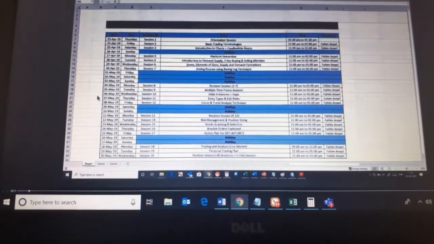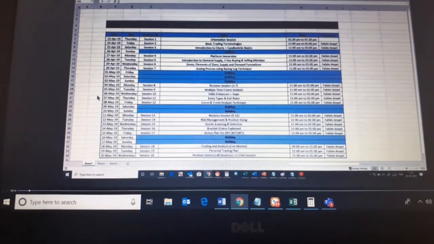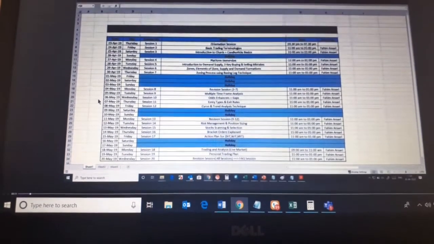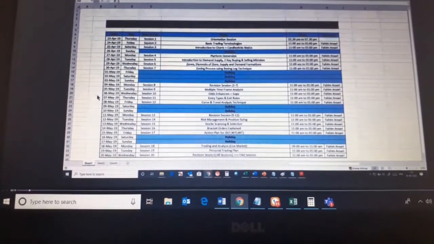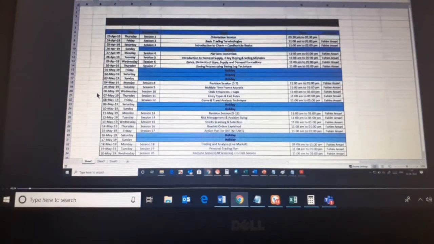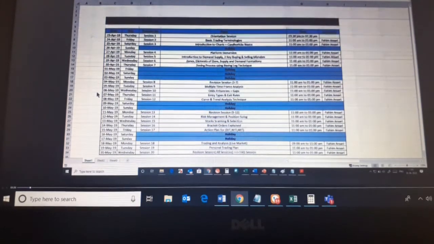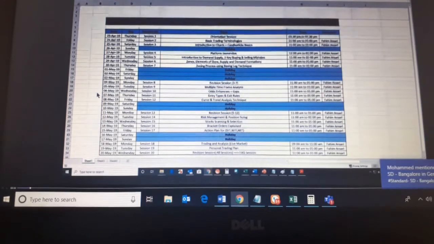Now, once you come to supply, what are the two pictures of supply that we have seen yesterday? Drop base drop and rally base drop. Out of these two, one is a continuation and one is a reversal pattern.